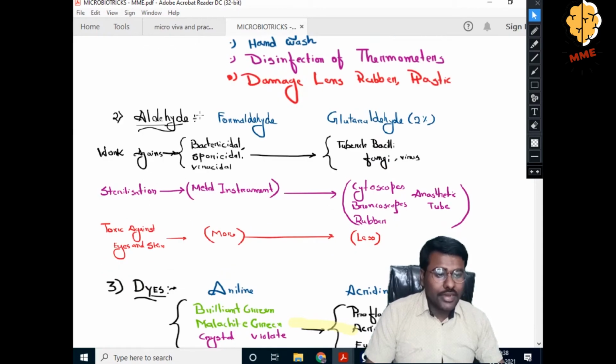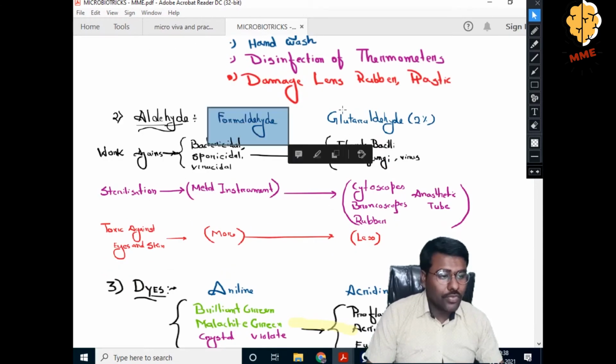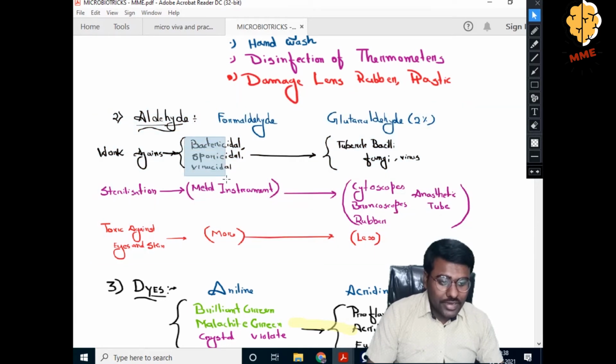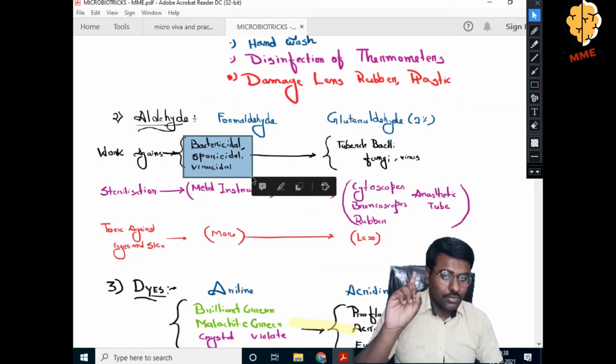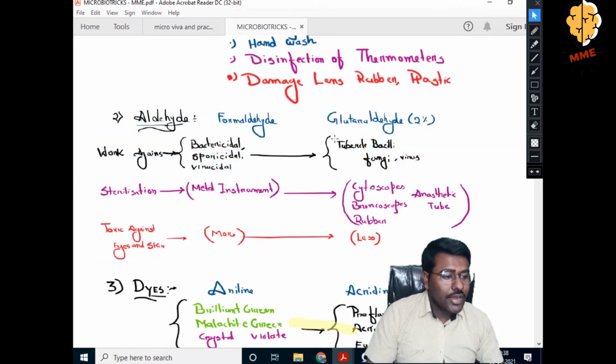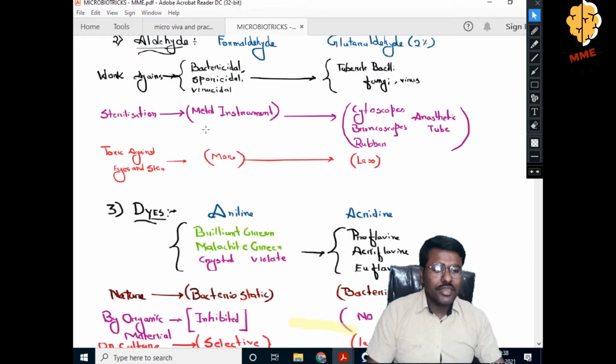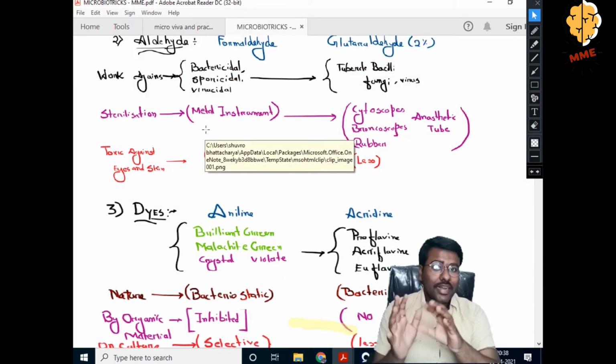Now coming to the aldehydes: formaldehyde and glutaldehyde. Formaldehyde is mainly bactericidal, sporicidal, and virucidal. Most important. Glutaldehyde mainly attacks the tubercle bacilli, fungi, and viruses. Coming to the sterilization, formaldehyde is used for metal instrument sterilization.